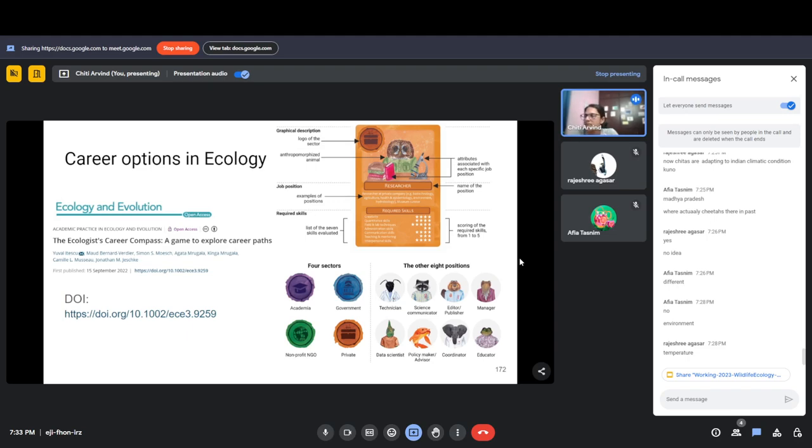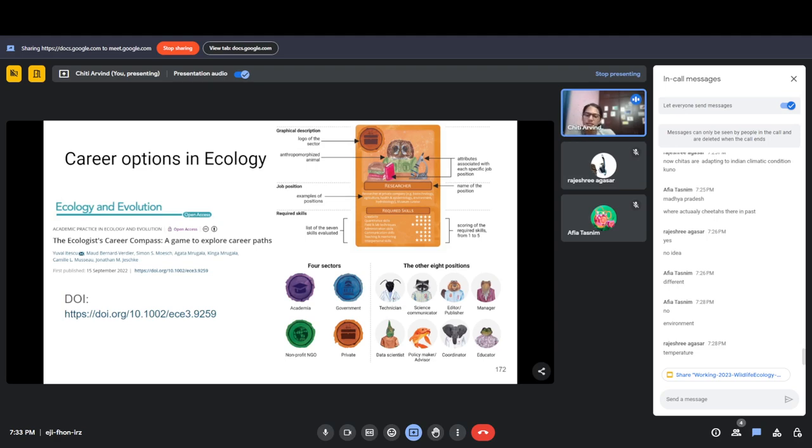And the probable positions that you can occupy are: technician, science communicator that talks about science in popular science formats, editor or publisher, manager, data scientist, that's another thing that is catching up really fast. You can also get into policy, you can coordinate various activities, and importantly, you can be an educator. So I hope the field of ecology can open doors to several different opportunities.